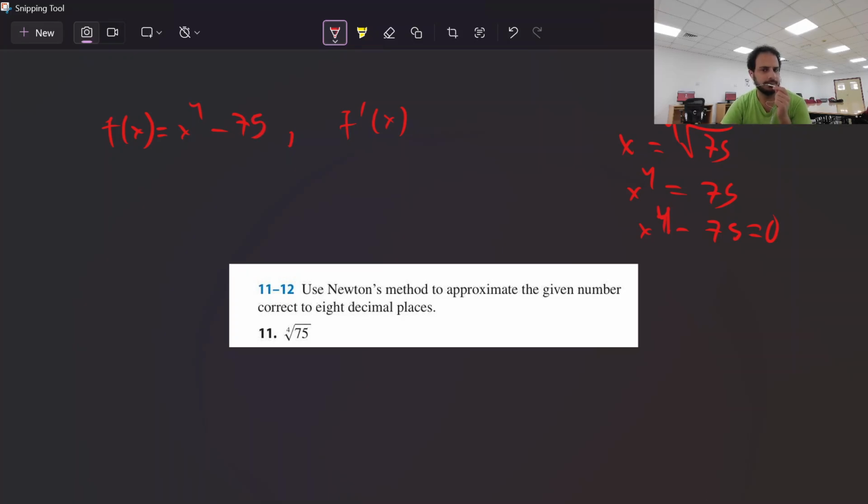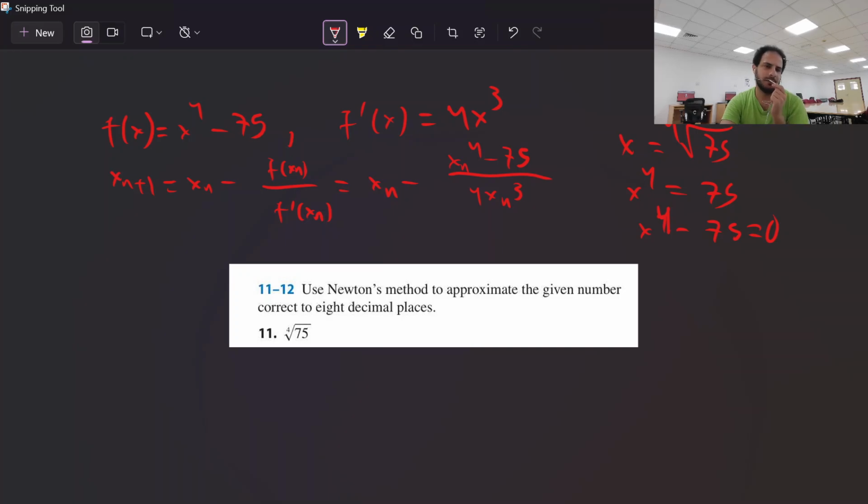Good. What's the derivative here? 4x cubed. Then you have xn plus 1 equals xn minus f of xn over f prime of xn. You get xn minus xn power 4 minus 75 over 4xn cubed. Good?